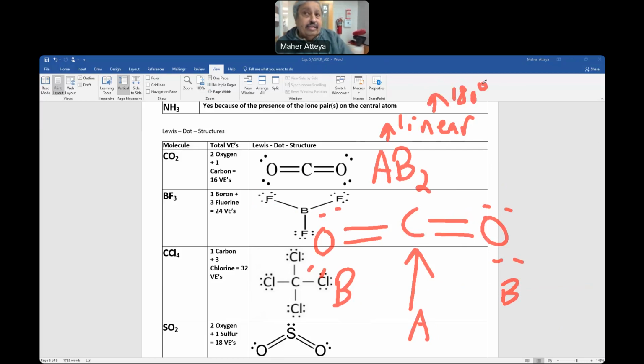And the question is, is it polar or non-polar? Well, there is polarity, because polarity is the difference in electronegativity, correct? This one is about 3.5, and this one about 2.5 or something like this.